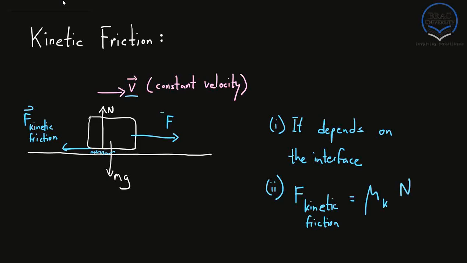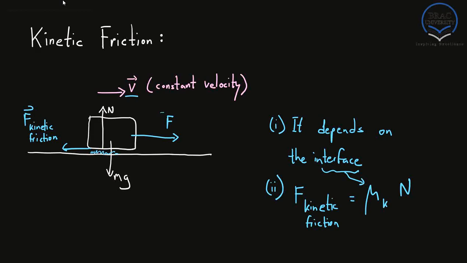So the kinetic friction is proportional to normal reaction force, and this mu k is a property of this interface, like we said. So if mu k is large, then for some given normal reaction force, the kinetic friction will be large, so that this mu k obviously is a property of the interface.